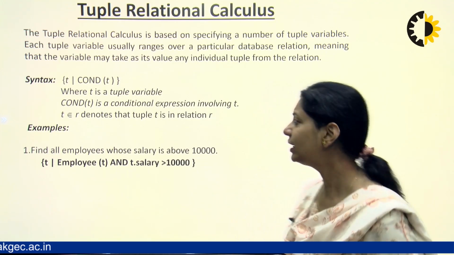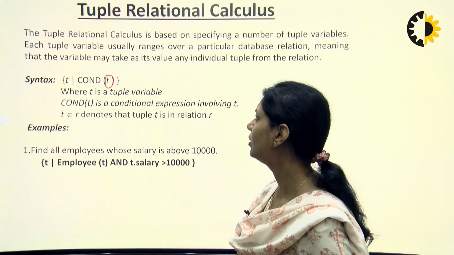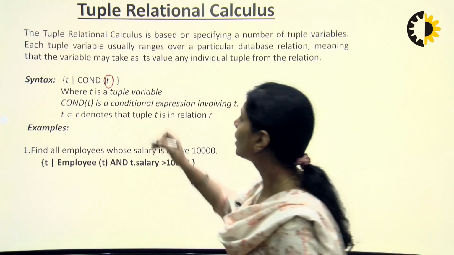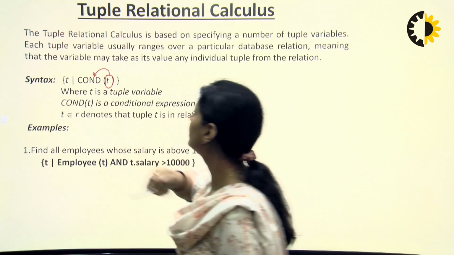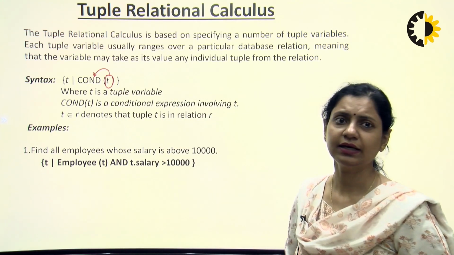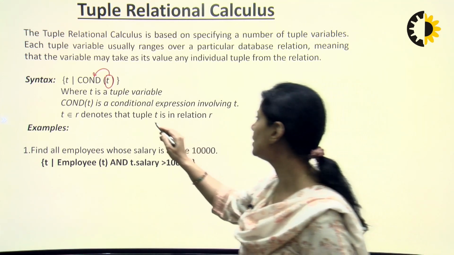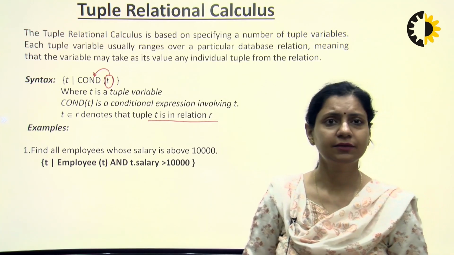So we have a syntax: a tuple variable T on which we are applying a condition. This condition is a conditional expression which involves T, that is the tuple variable, and this T is in a relation R.